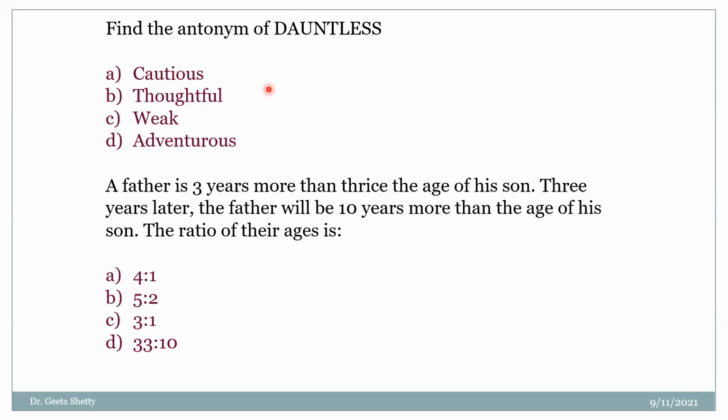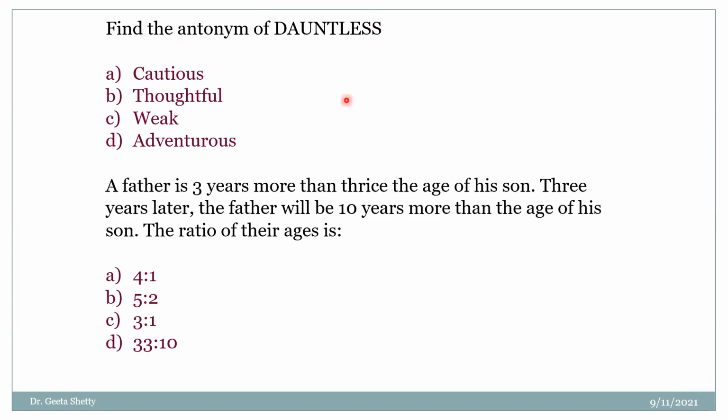Cautious or adventurous? The antonym of dauntless: one is fearless, the other is you are not having fear but you are cautious. So that is the difference. So you will have to get it: cautious is the word for dauntless.